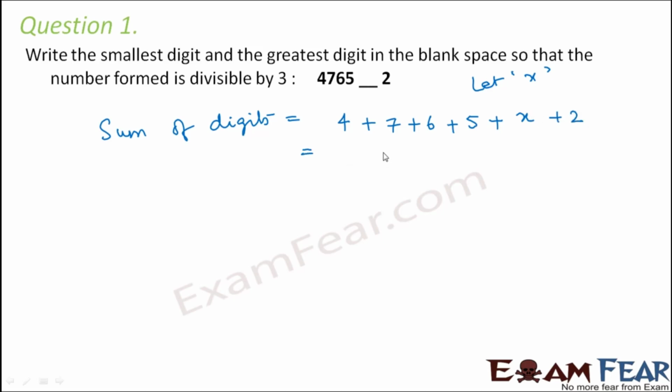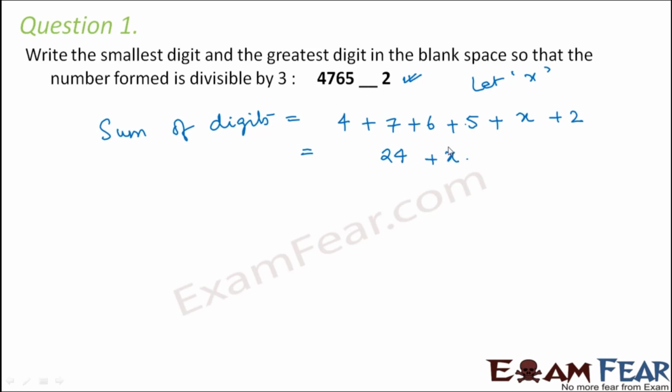This is equal to 24, that is 4 plus 7 plus 6 plus 5 plus 2, that is 24 plus x. So this is the sum of the digits. Now the question is, if this sum of the digits is divisible by 3, only then this number will be divisible by 3. That is our divisibility rule of 3.